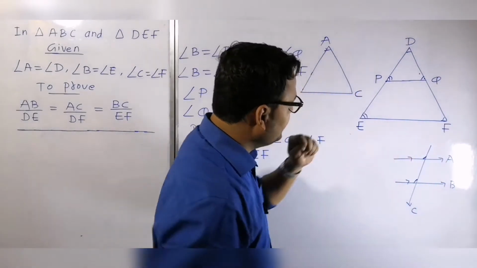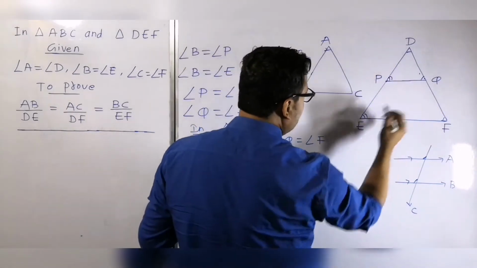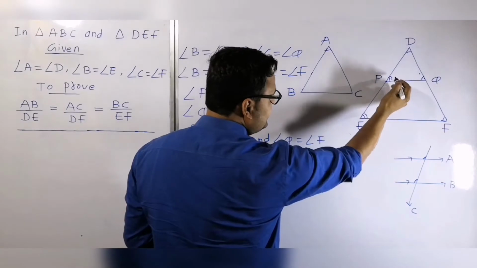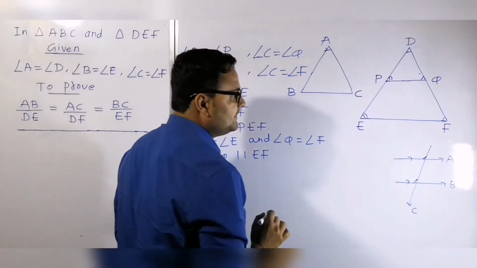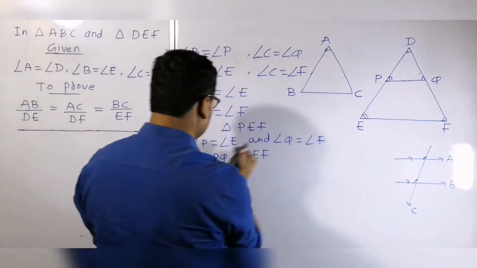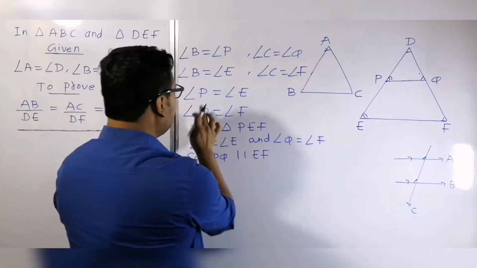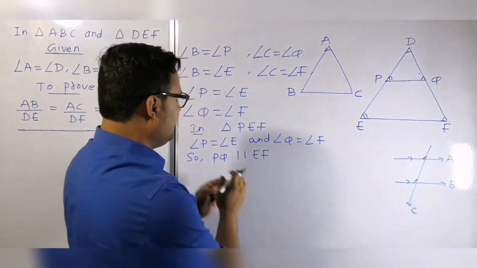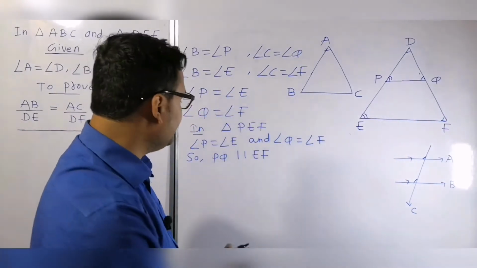In the same way, PQ parallel to EF and DE is a transversal, then this equal to this because they are corresponding angles. Already the corresponding angles are equal, like P equal E and Q equal F, so the lines must be parallel. Now what we got, PQ parallel to EF.